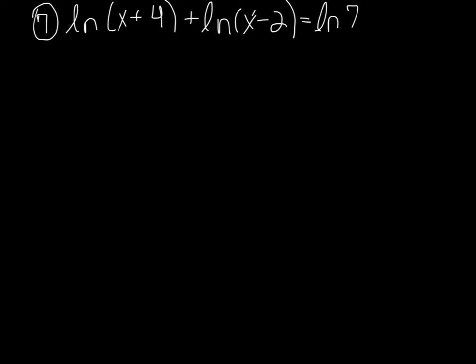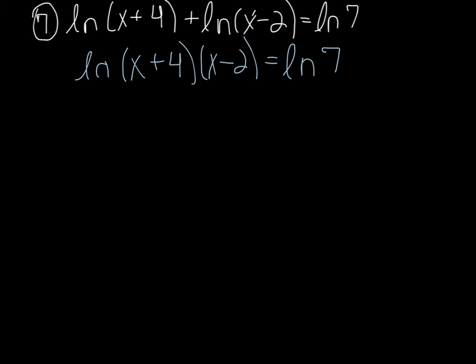In the 7th example, we're going to use, again, the rule that logarithms that are being added together is the same thing as the log of the product. Now, since it's the natural log of this whole left-hand side and the natural log of this whole right-hand side, a log on both sides, whether it's natural or not, cancels.